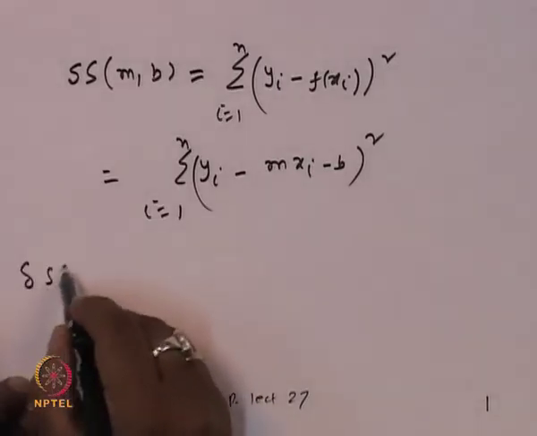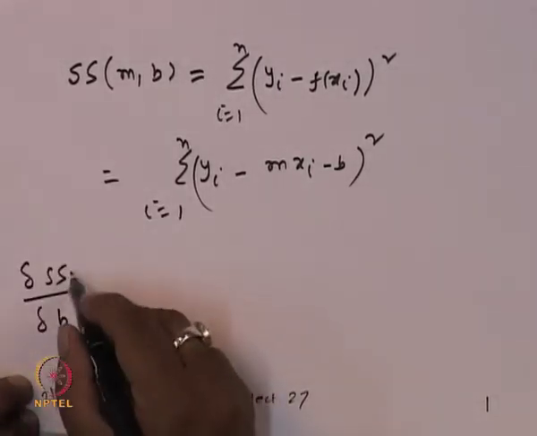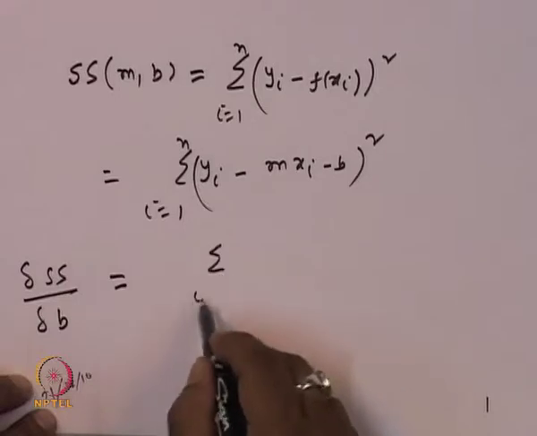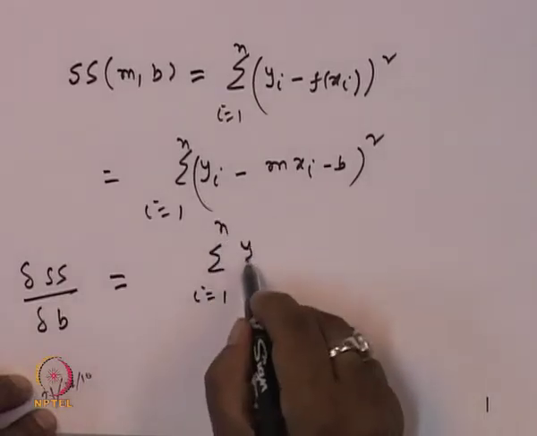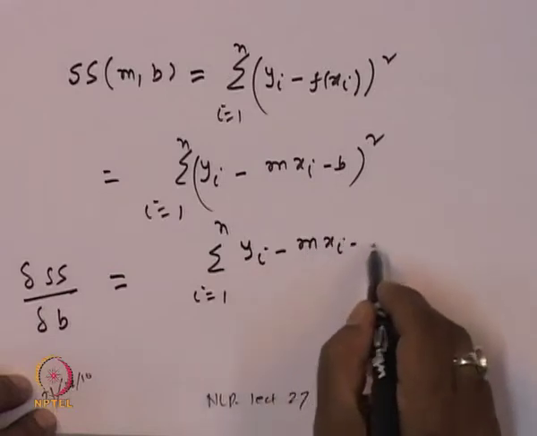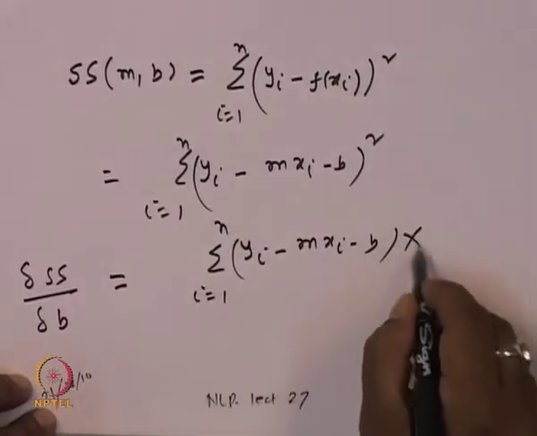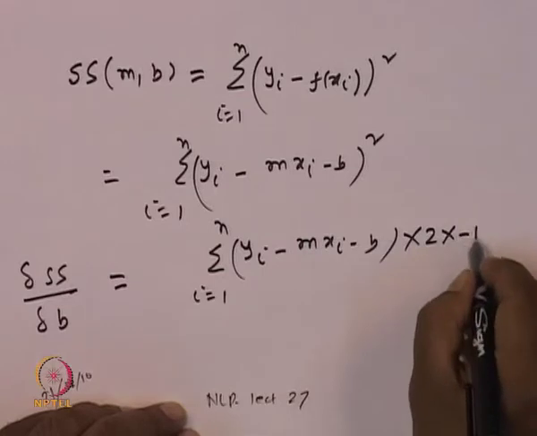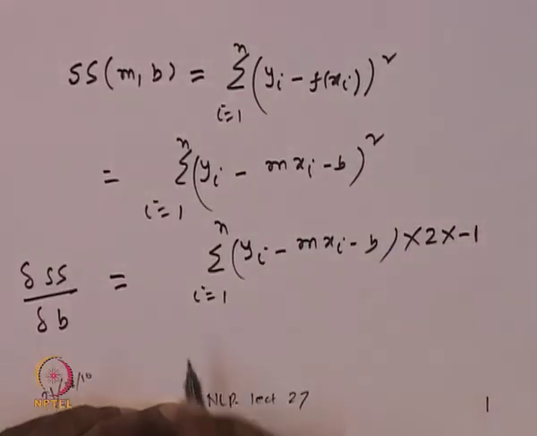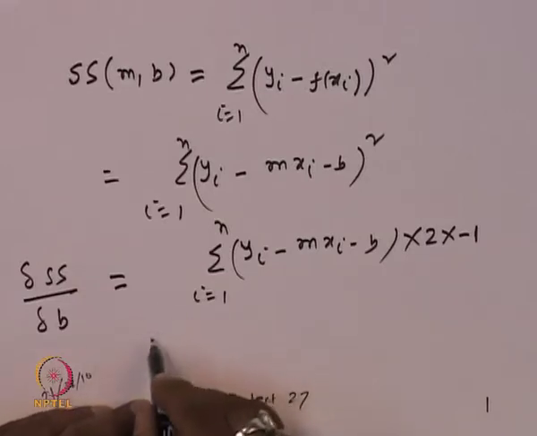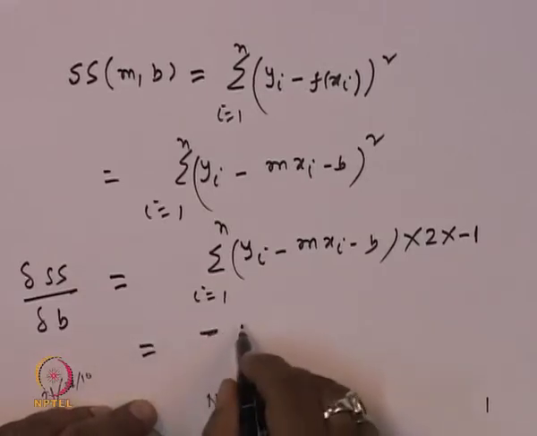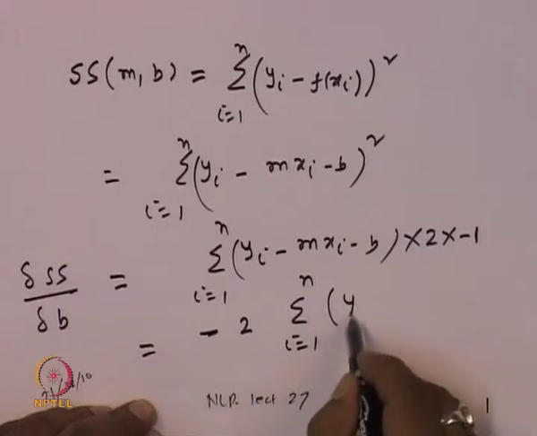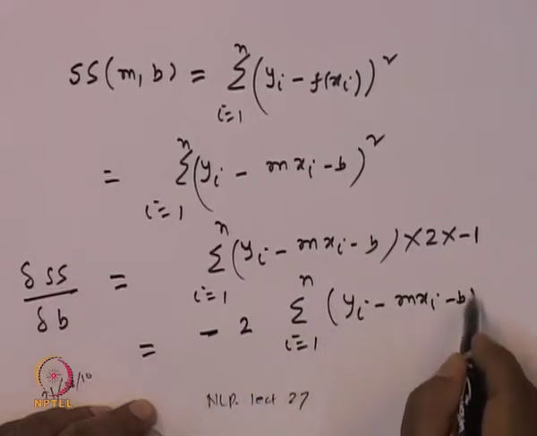Now, delta SS with respect to delta b will be nothing but the sum over i equal to 1 to n of (yi minus m xi minus b) into 2 into the differentiation for minus b, which will be minus 1. So, this is equal to minus 2 into the sum over i equal to 1 to n of (yi minus m xi minus b).